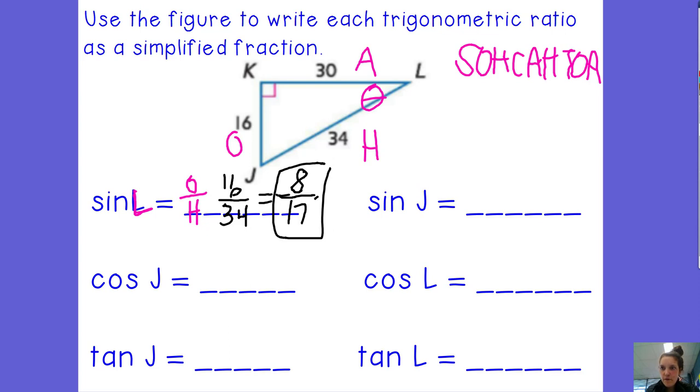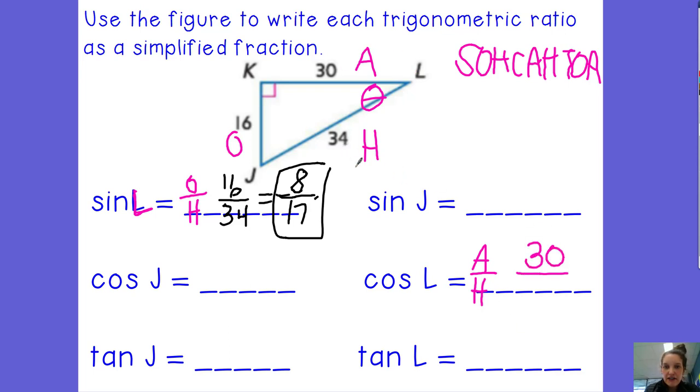Okay. While I'm already looking at angle L, let's go find cosine of angle L. Cosine, if I go look at SOHCAHTOA, cosine is adjacent over hypotenuse. So when my angle is L, which side is adjacent to angle L? 30. So I'm going to go put 30 in place of adjacent.